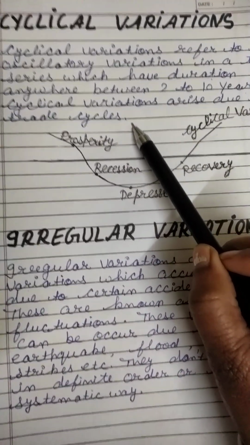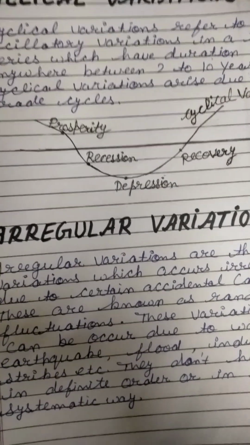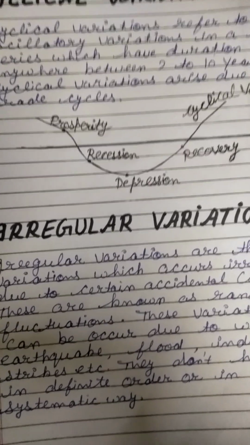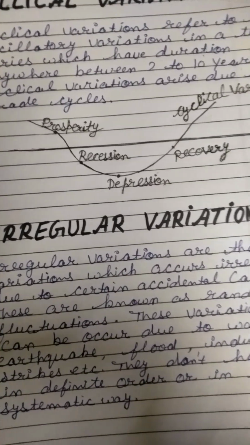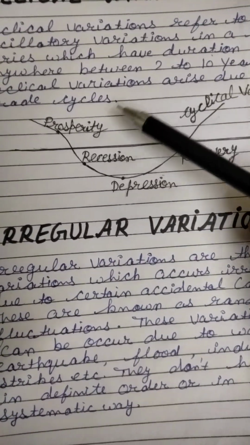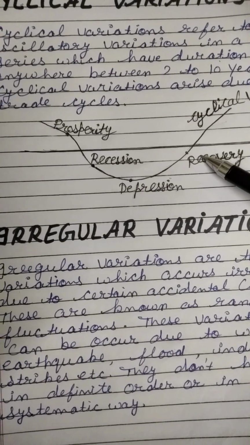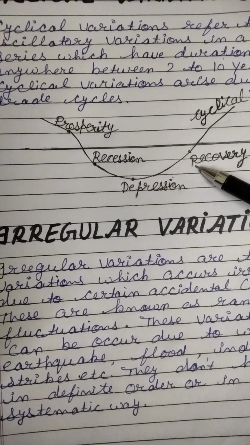And as an economic student, you know about the 4 stages of the cyclical variation, that is prosperity, recession, depression and recovery. कितनी वेरिएशंस होती हैं इसमें? 4 variations, that is prosperity, recession, depression and recovery. These are the 4 stages of the cyclical variations.